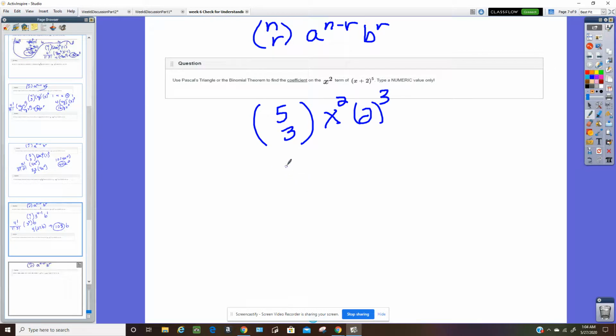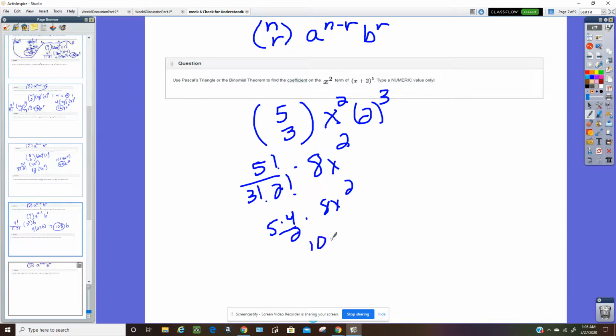So 5 choose 3 is 5 factorial over 3 factorial times 2 factorial, and then times 8x squared. So this is 5 times 4 over 2 times 8x squared. This is 10 times 8x squared. So 80x squared. So the coefficient is 80.